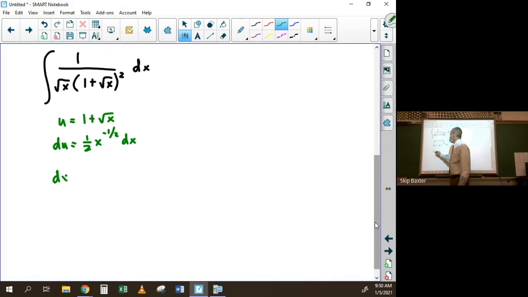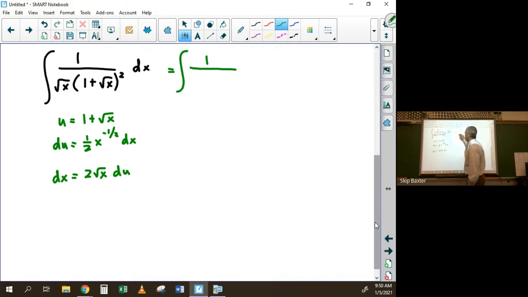So dx equals 2 radical x du, right? Because right now the 2 and the radical x are in the denominator, so you've got to multiply them to get them over on the other side. So this is going to be the integral of 1 over radical x times u squared times 2 radical x du.